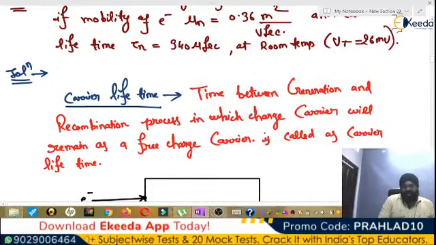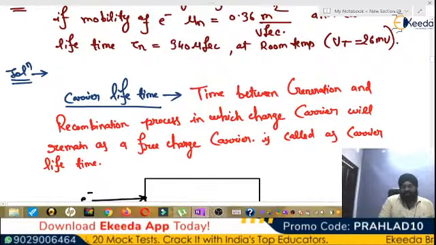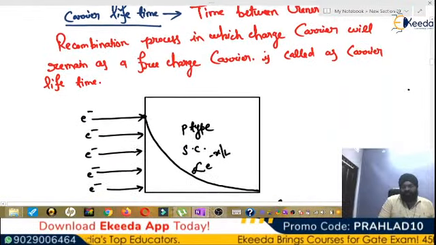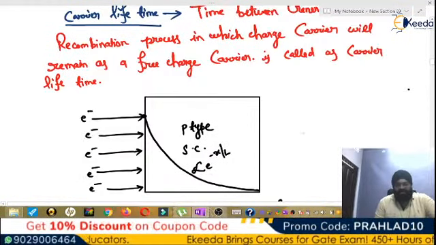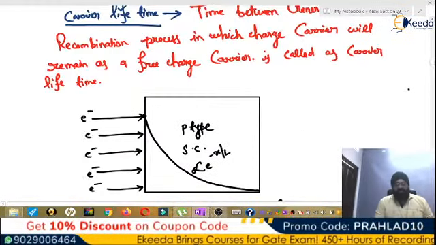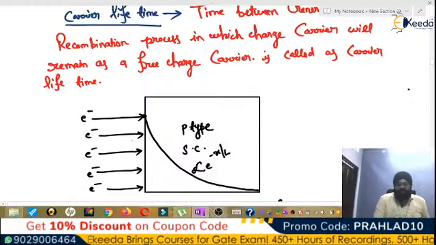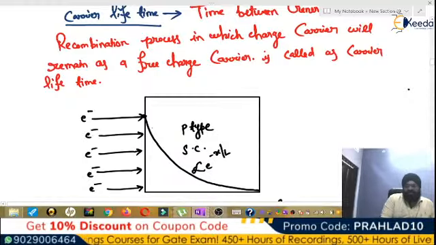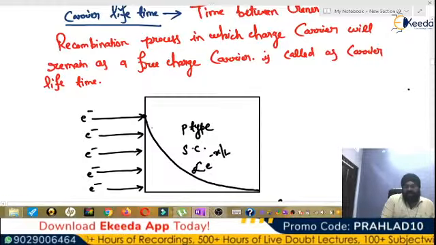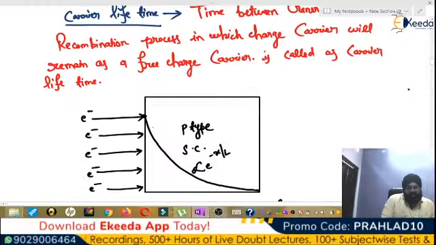Carrier lifetime is the time between generation and recombination process in which a charge carrier will remain as a free charge carrier. When the generation process occurs, an electron and hole pair generates, but eventually the electron has a tendency to recombine with the hole again, right?